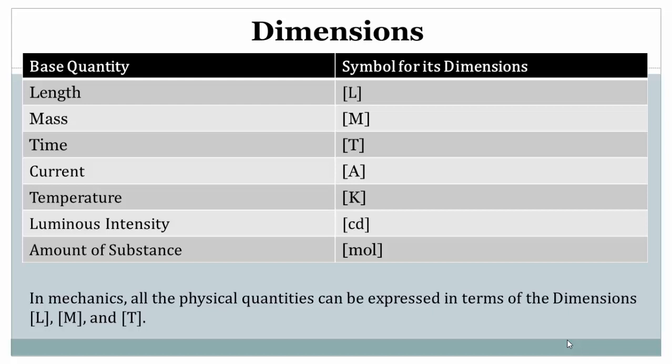All the dimensional formulas are written in square brackets. In mechanics, all the physical quantities can be expressed in terms of the dimensions M, L and T.